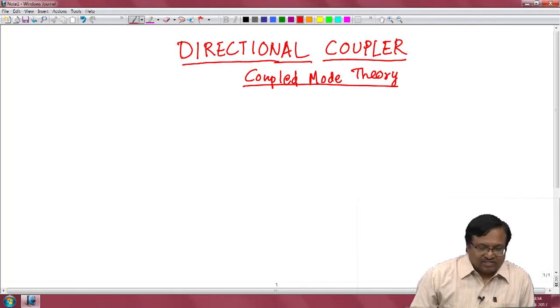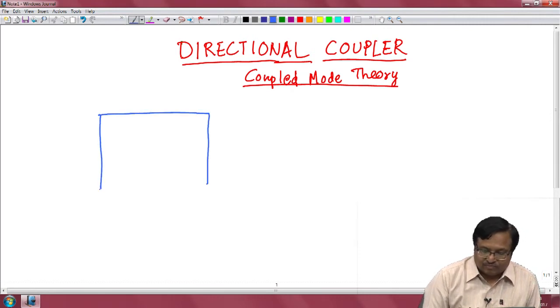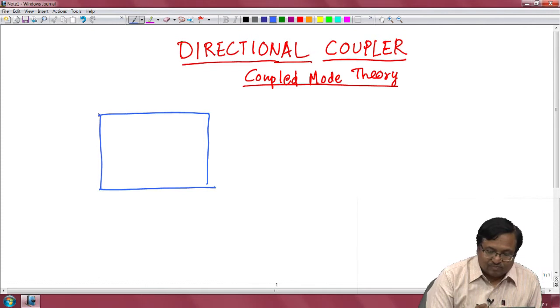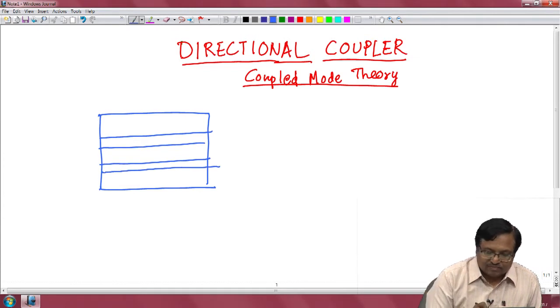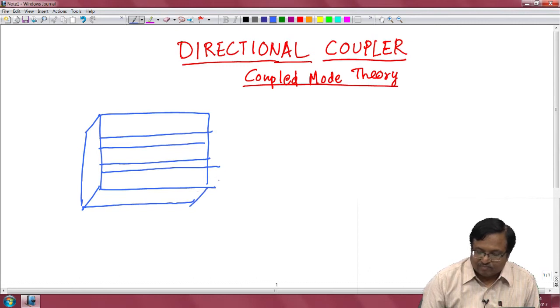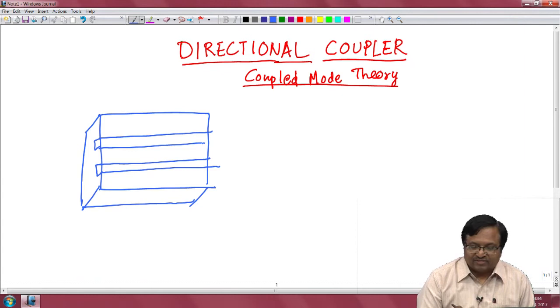So, the structure is like this. There are two waveguides which are very close together.